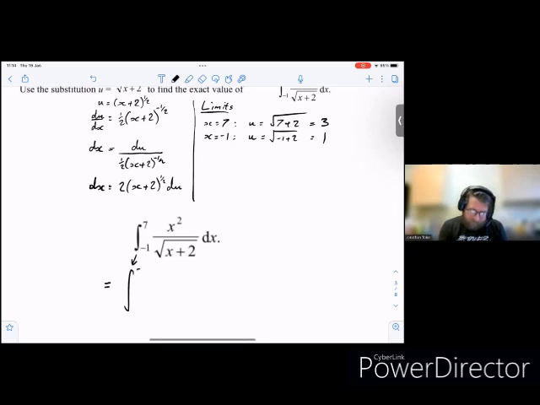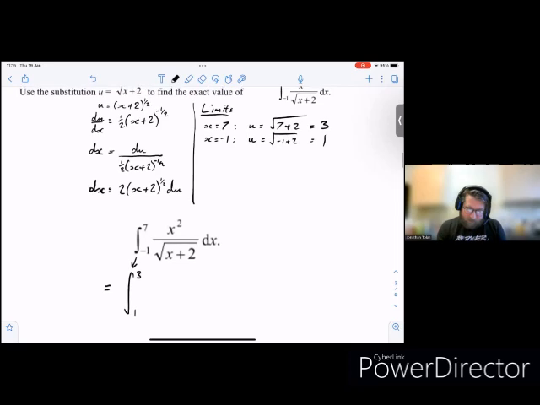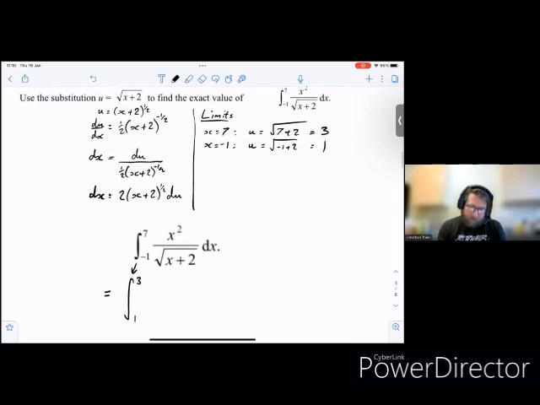The 7 is now 3, the minus 1 is now 1. Over here on the top of that fraction, we've got x squared. Now, what is x squared when we sub it? Well, let's just leave it as x squared for now. We don't exactly know how all this is going to tidy up. But the root x plus 2 just becomes u.